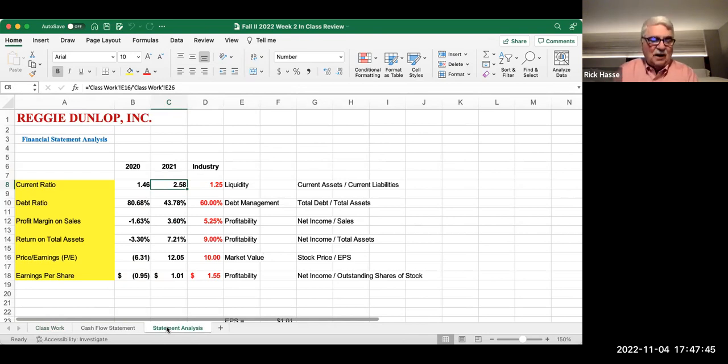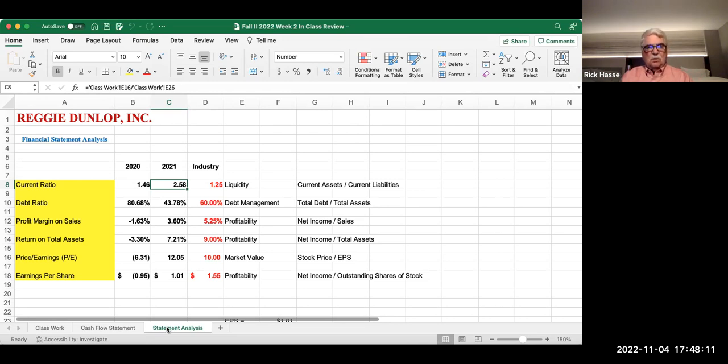And this all goes back to those high receivables and high inventory balances we talked about the other day. This company needs to clean up those receivables and inventory. Their current ratio is way too high. The correct current ratio should be anywhere between 1.2 and 1.7 for a company. 2.58 is not good. So it tells us of some problems with the company.